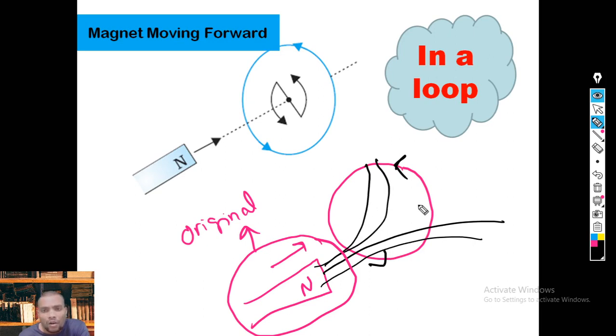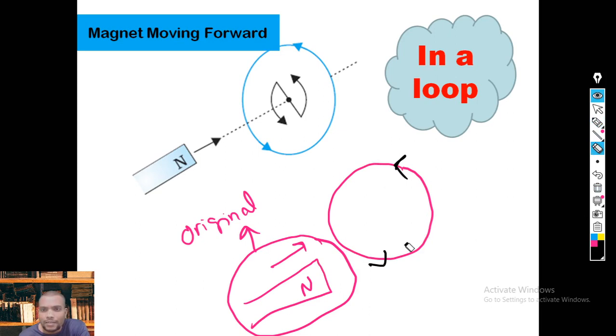Because of the anti-clockwise direction in the loop, if I take out these magnetic lines, it's easy. The loop will develop a north pole on this side. You can follow the arrow marks. North has the same direction as the arrow marks in the loop.